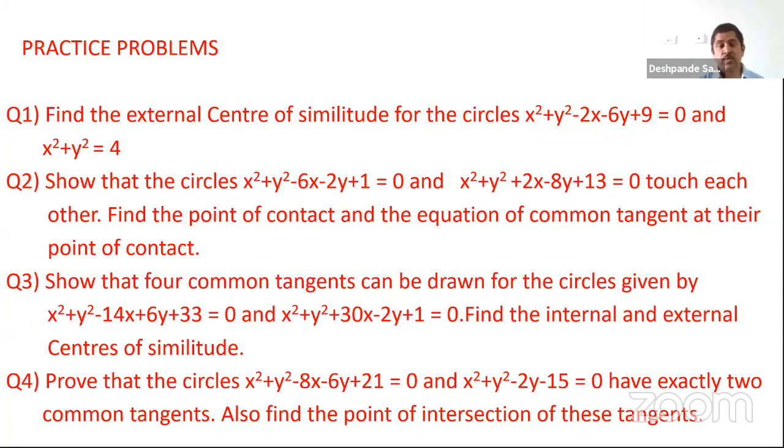If C1C2 lies between R1 minus R2 and R1 plus R2, the 2 circles are intersecting each other. So once they are intersecting each other, definitely you get common tangents. So also find the point of intersection of these tangents. So you can just try to work out this 4th problem, the 4 problems, and also the 2 problems which are given. Try to practice it, right?